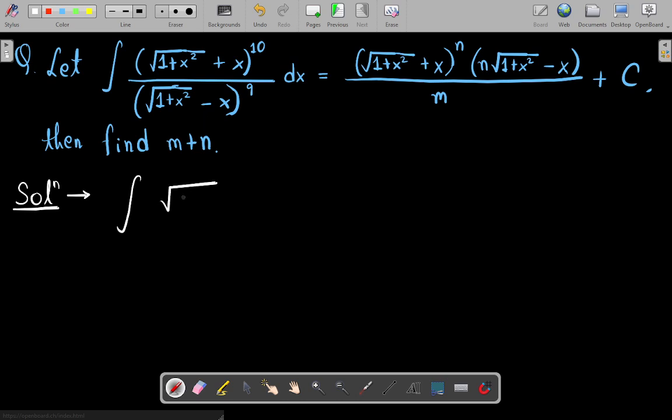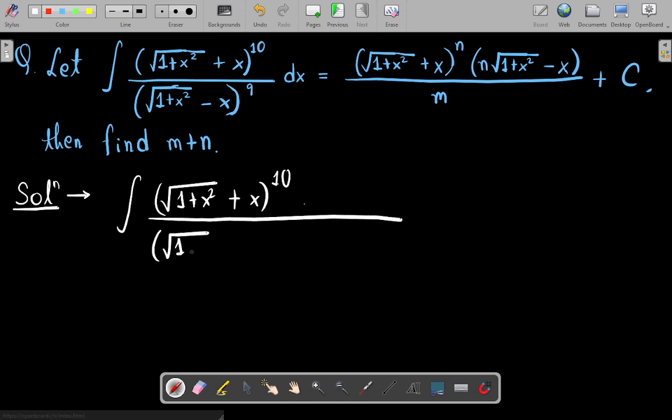Okay, so we are given (square root of 1 plus x square plus x) whole to the power 10, and in the denominator this is just the conjugate, so this is square root of 1 plus x square minus x, but the power is 9 here. Okay, so let us multiply both terms with the conjugate of this.